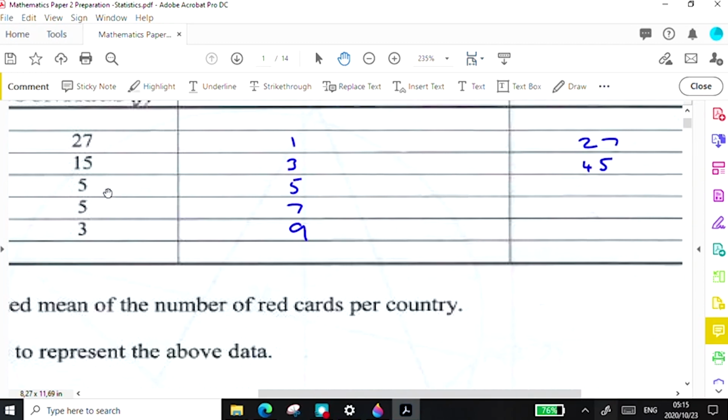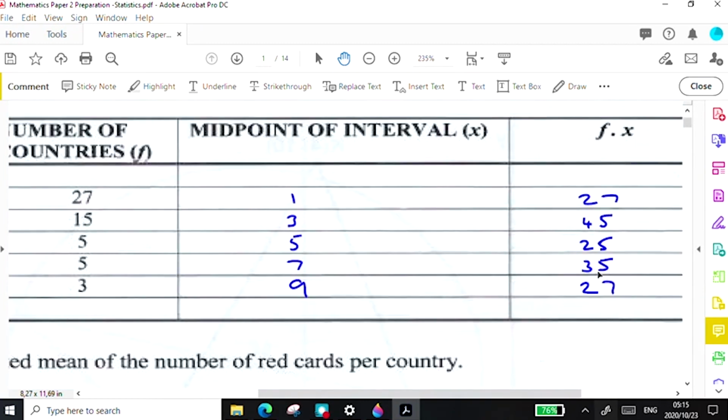If we multiply 5 by 5, we get 25. If we multiply 5 by 7, we get 35. If we multiply 3 by 9, we get 27. So what we want to do is sum all the f times xi.